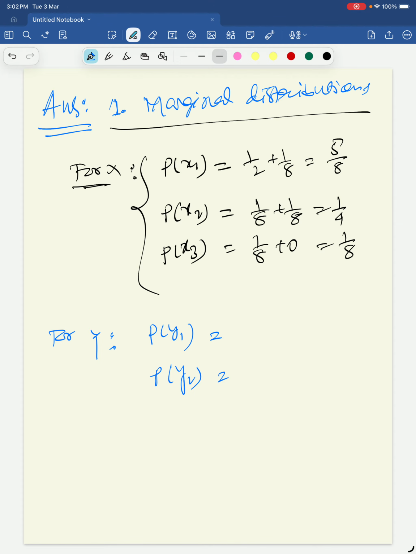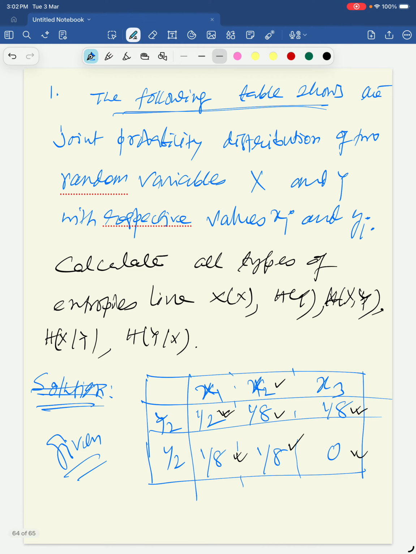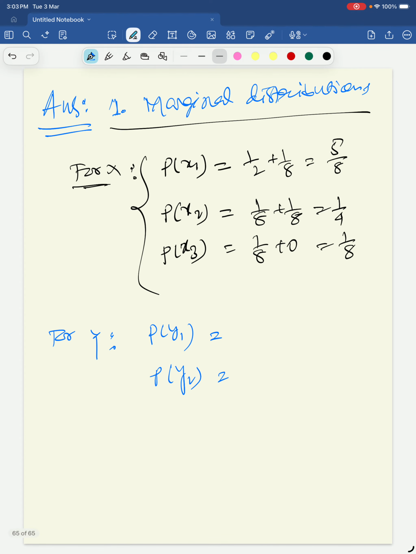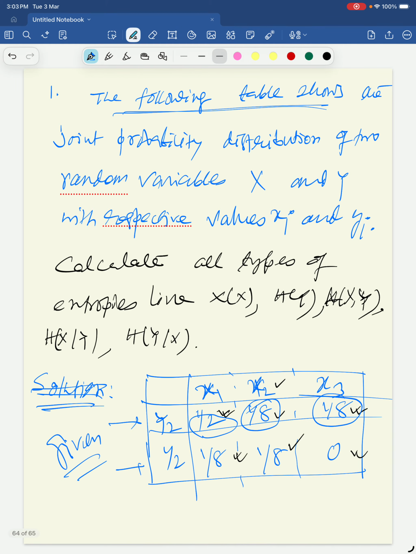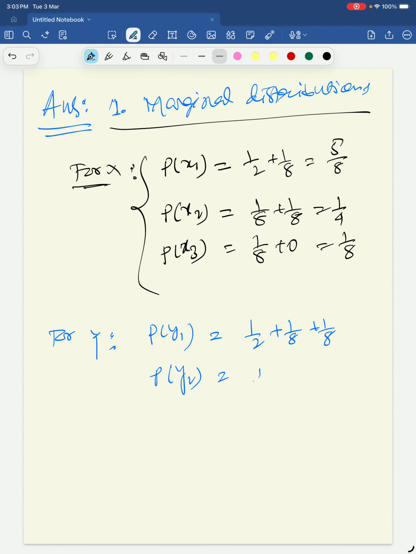Probability of y1 is along the horizontal side: half plus 1/8 plus 1/8, which gives 3/4. For y2, it is 1/8 plus 1/8 plus 0, which gives 1/4.